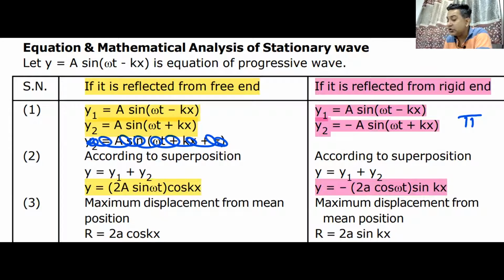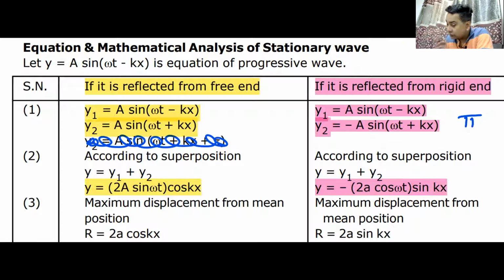So the difference in the two equations is, in the yellow equation you have 2a sin omega t, and on the right hand side you have 2a cos omega t. Do we understand this? Yes, sir.